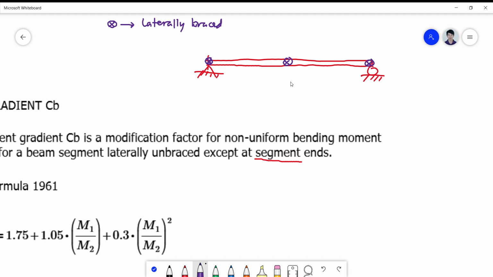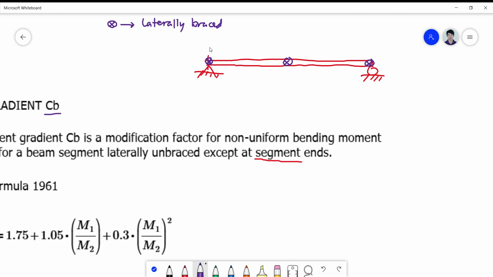The computation for your moment gradient Cb is actually based on a single segment.